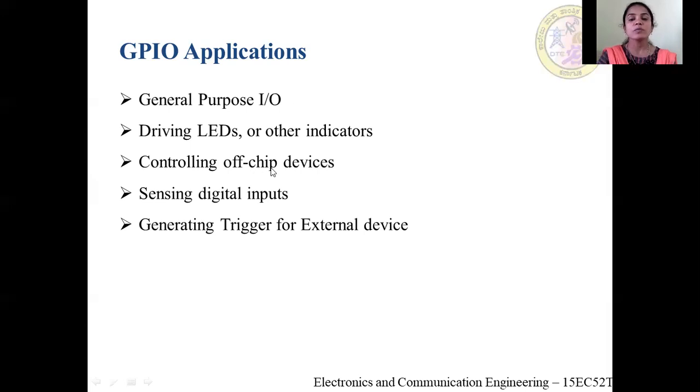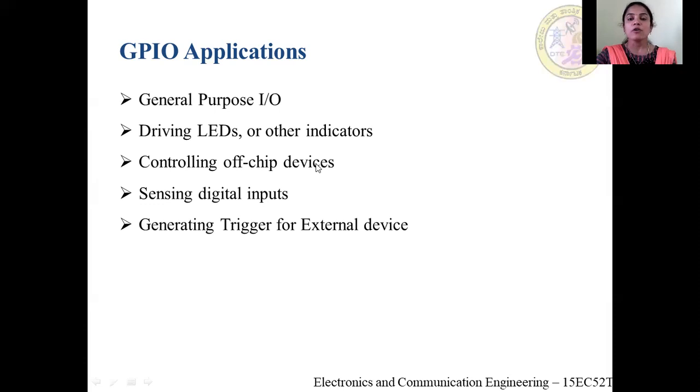Off-chip devices are the devices or peripherals that are connected to the IC pins externally. Those off-chip devices are not within the IC. The devices which are within the IC are called on-chip devices or on-chip peripherals.